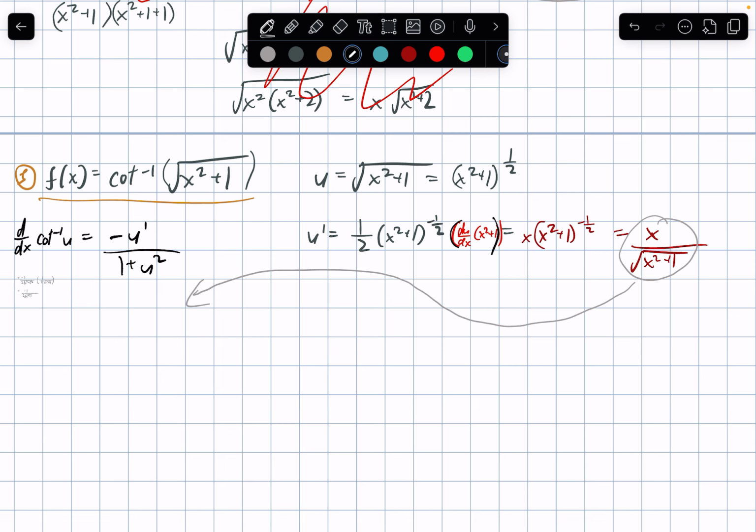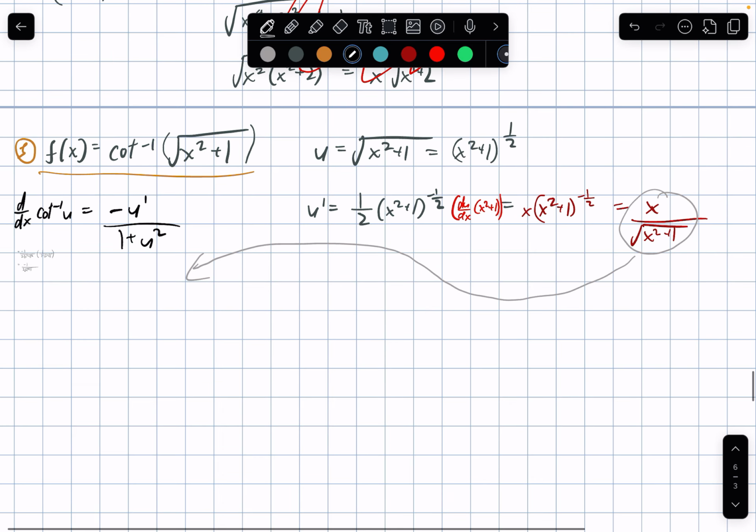And then times, always remember, this is very important. That's the reason why I screwed up my solution previously. I didn't have this, and that's why it's in red. Essentially, it's finding the derivative of what's inside. So that's basically going to be 2x. Yeah, so 2x, and the 2's are going to cancel, but we're going to have x anyways.